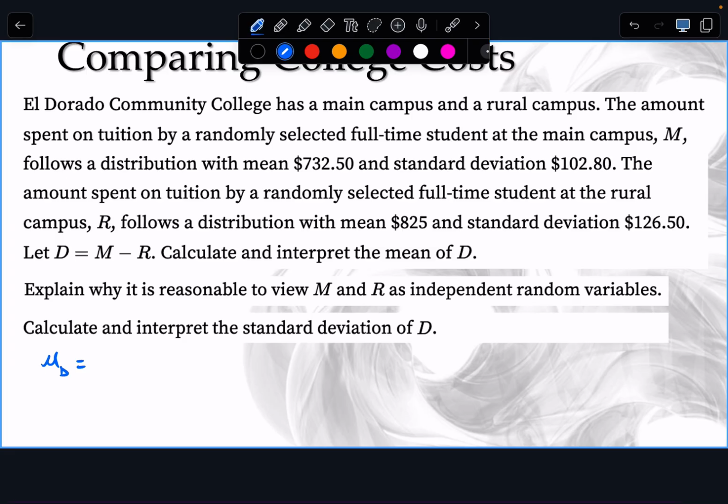So if D is defined as the amount of tuition for M, the main campus, minus the amount of tuition for the rural campus R, what am I going to do with the means? Subtract. So I'm going to take the mean from the main campus minus the mean from the rural campus.